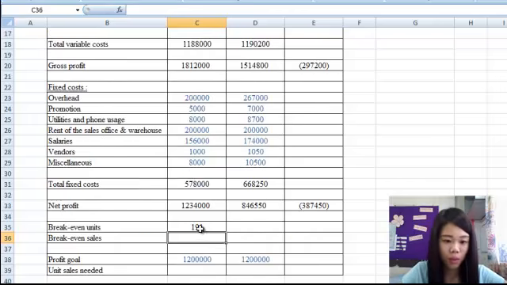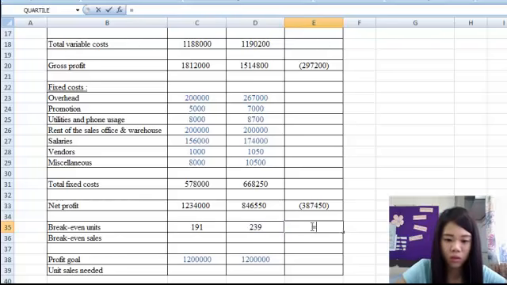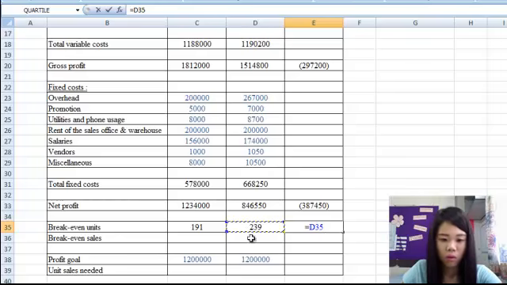So this will be the break-even unit for the budgeted, and with the same formula we drag the cell to calculate the actual break-even unit. To calculate the variance, we use the actual break-even unit minus the budgeted break-even unit. So this is the difference between the break-even unit of actual and budgeted production.